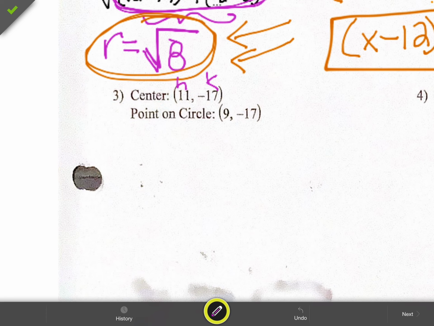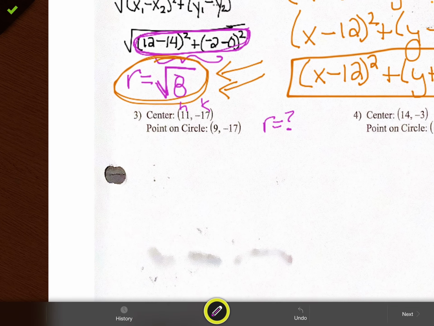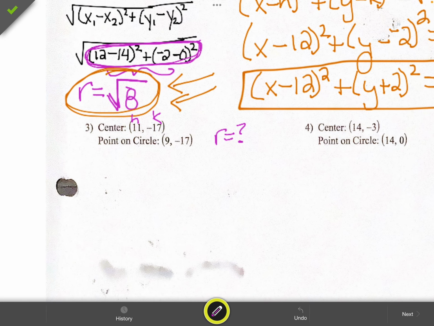So again, we do not know what the radius is right now. So we are going to do the distance formula. We want to know how far it is from the center to the point. So that's distance. So your distance formula, I'll scroll out a little so you can see it up there in black.